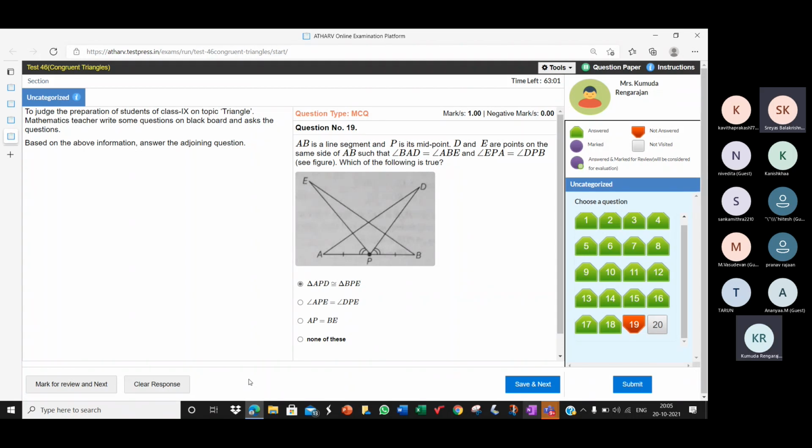One pair of equal sides, one pair of equal angles. Next.